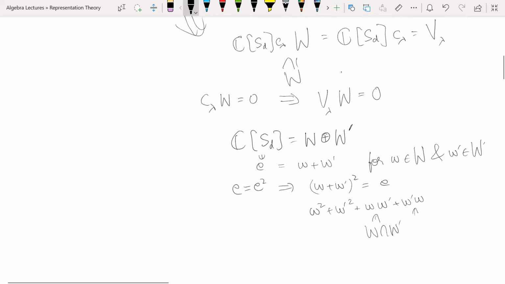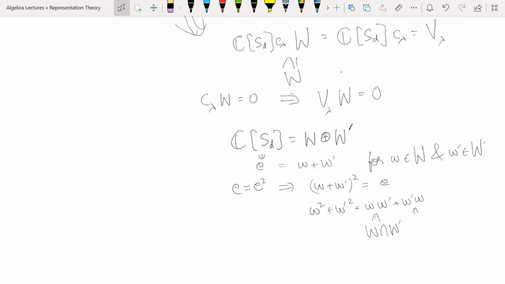So what I want to show is that W and W prime are idempotent. Excuse me, sir. Can we use the fact that E is equal to W plus W prime?